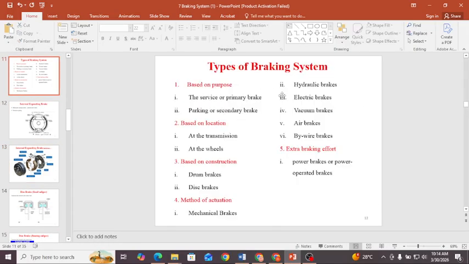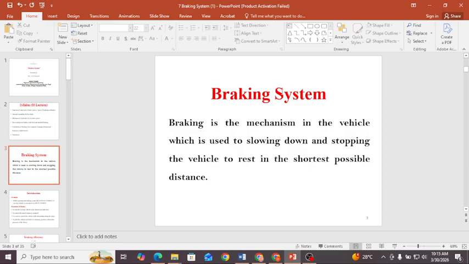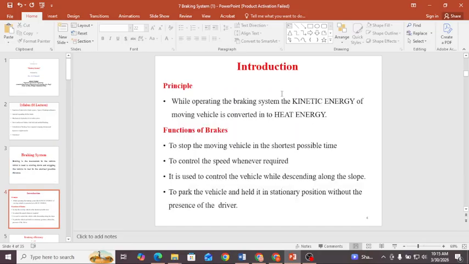So today we discuss again. I would like to repeat here the basics about the function and types of braking systems. Introduction: a braking system is a mechanism in a vehicle used for slowing down and stopping the vehicle. The principle is converting kinetic energy into heat energy.